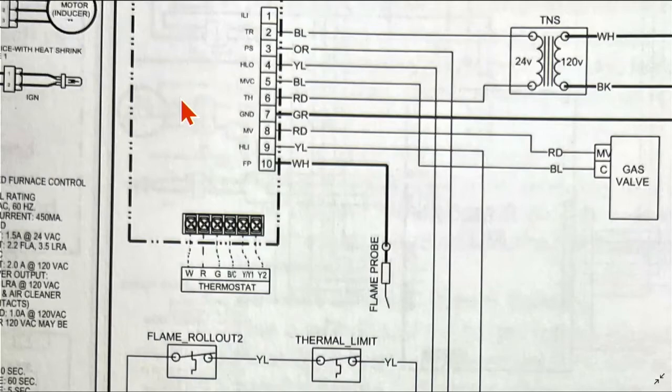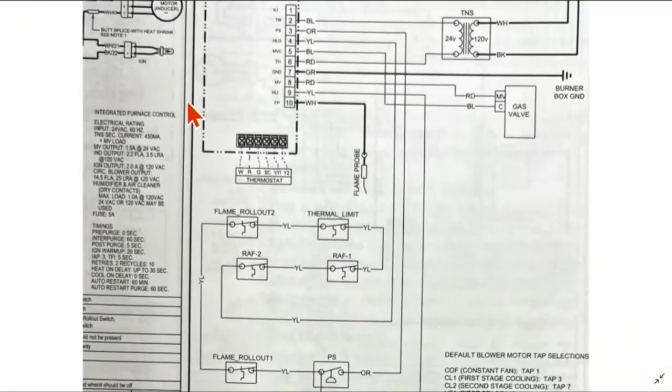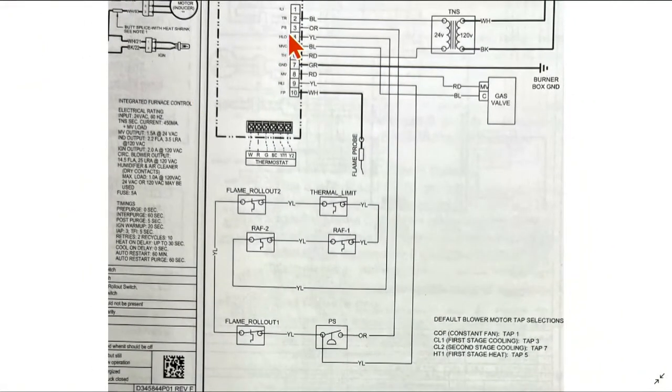So let's take a look at the circuit. This HLO, high limit out, is going to send 24 volts or current. Let's just call it current. It's going to send a signal down this circuit. And we come to our first switch. This is what a thermal switch, bimetal switch, will look like on a diagram.